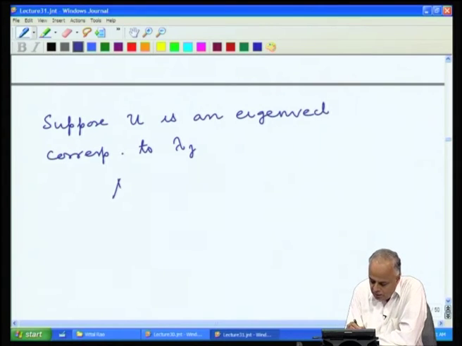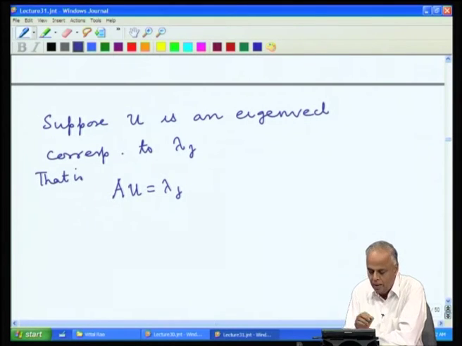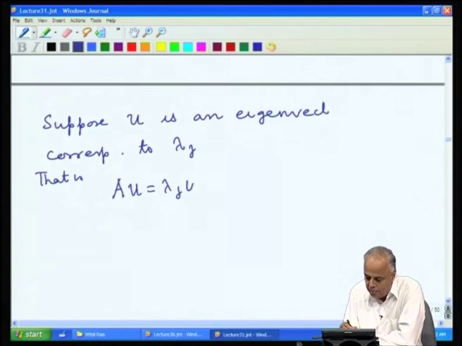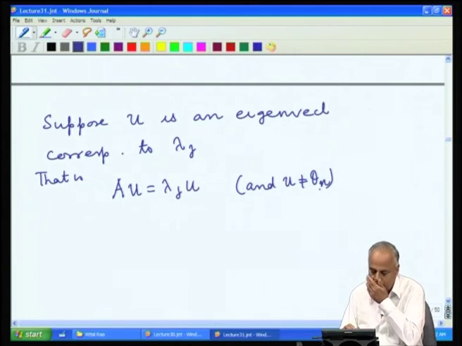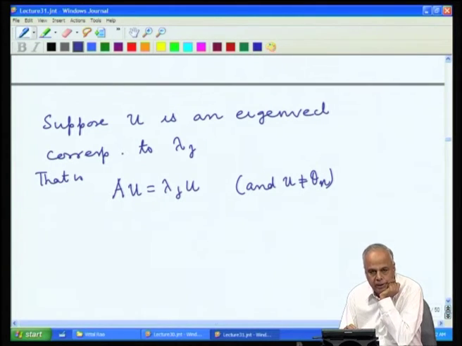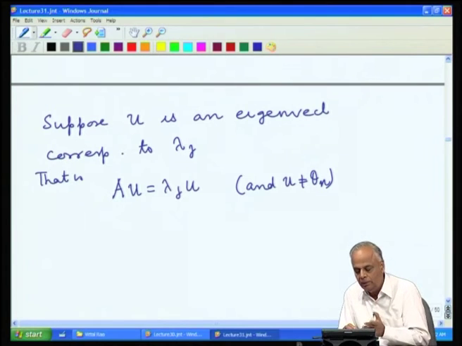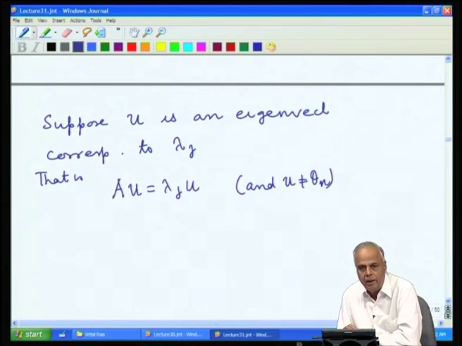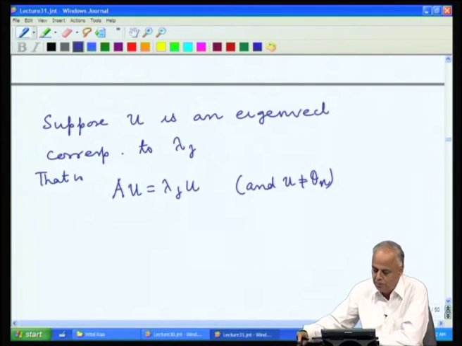Since it is an eigenvector, A u must be equal to lambda j u, and u is not equal to theta n. So, A u equals lambda j u, that is the eigen equation, and since it is an eigenvector, it must be non-zero.